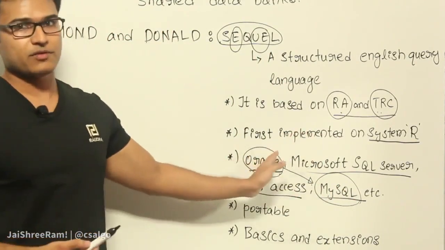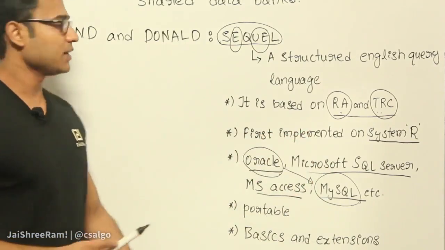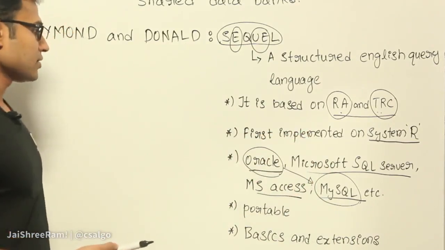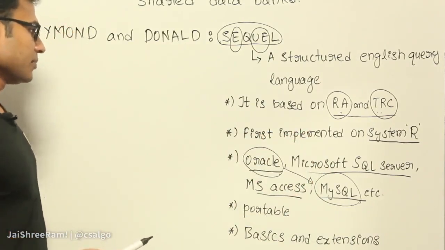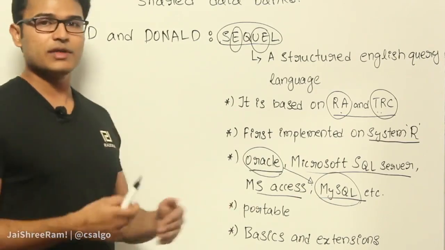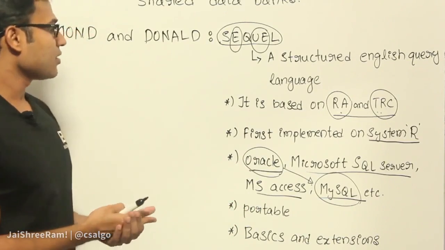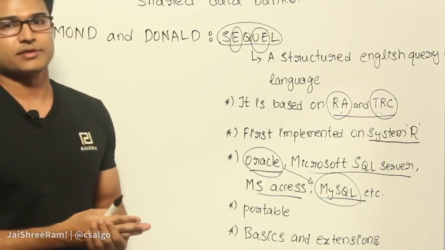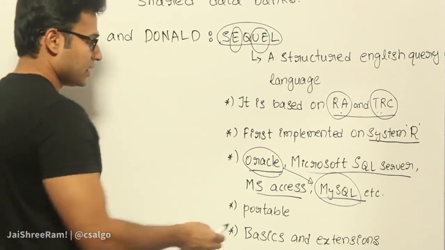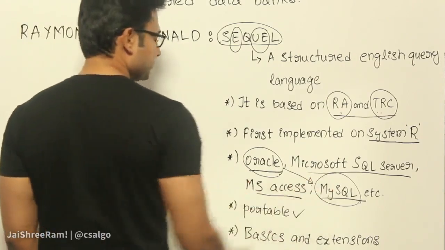You can move from one platform to the other if you don't like it, right? So that is one of the advantages of implementing your database on any platform based on SQL, right? So SQL has become the standard, and that is why it increases portability.